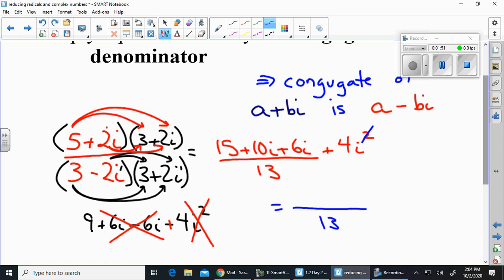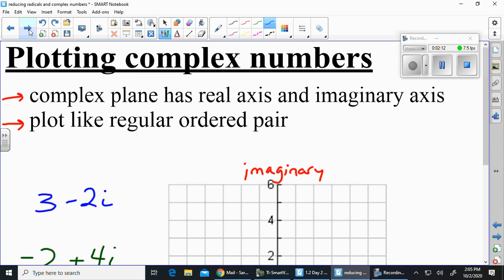So i squared goes away, change that sign, put together like terms. 15 minus 4 is 11. 10i plus 6i is 16i. That would be done.